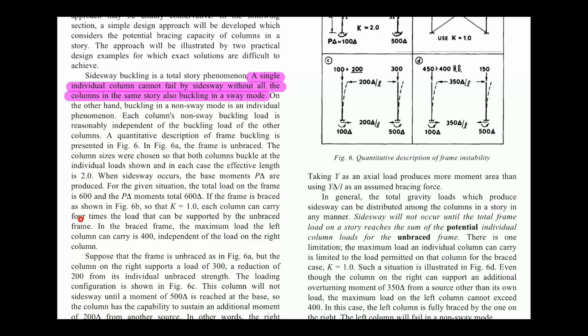Each column can carry 4 times the load that can be supported by the unbraced frame. As you reduce K from 2 to 1, you have the factor of 2 squared multiplied. In the braced frame, the maximum load on the left column is 400. So this is the target value that no matter how much you dump, don't exceed the braced capacity of each individual column, independent of the load on the right column.